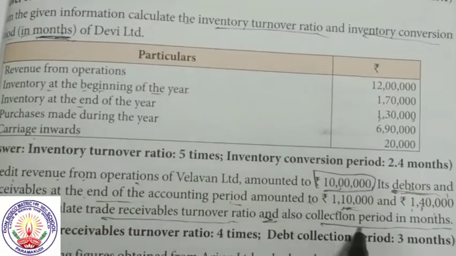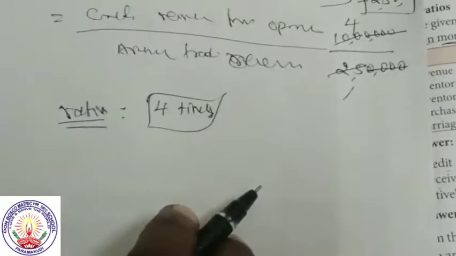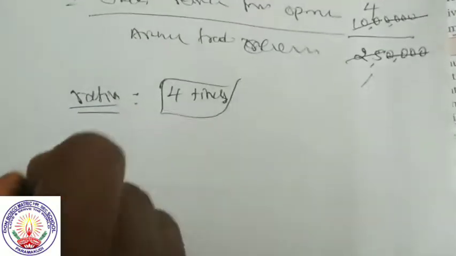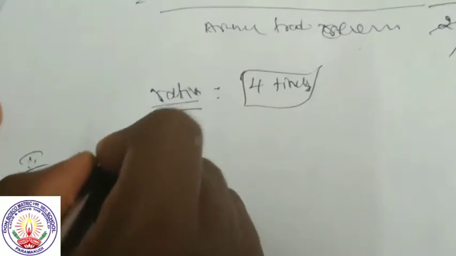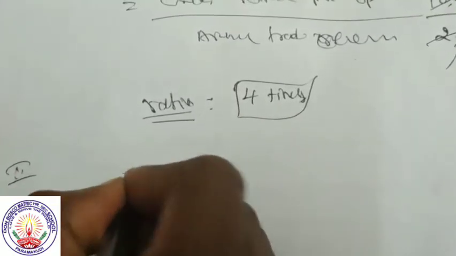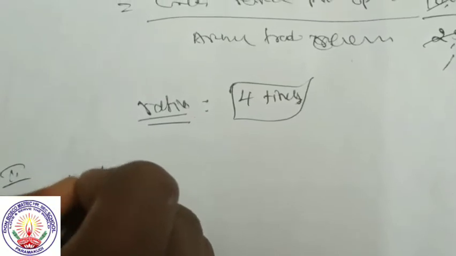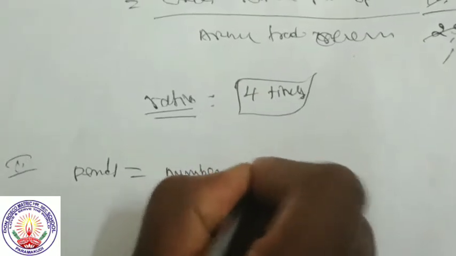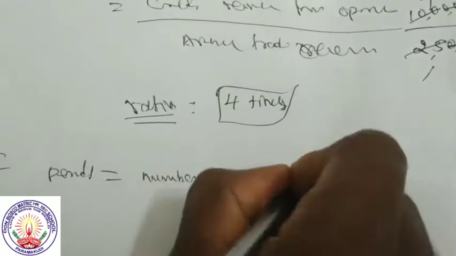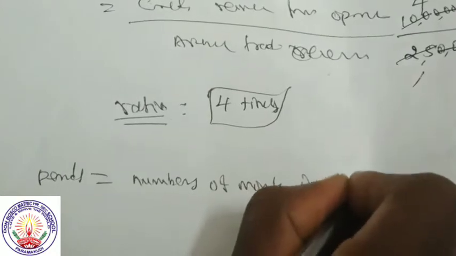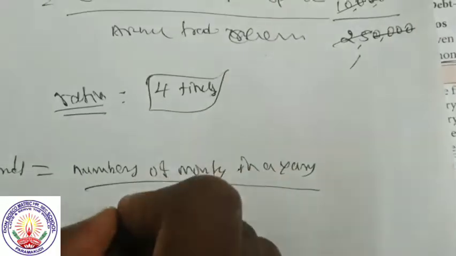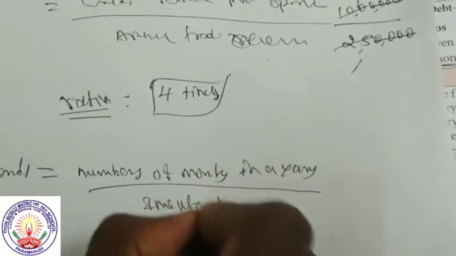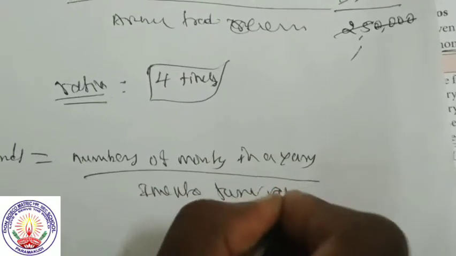Next, another question is also given: the period in months. You know the conversion period. How many months are there in a year? Second concept: first of all, write the formula. Number of months in a year divided by inventory turnover ratio.